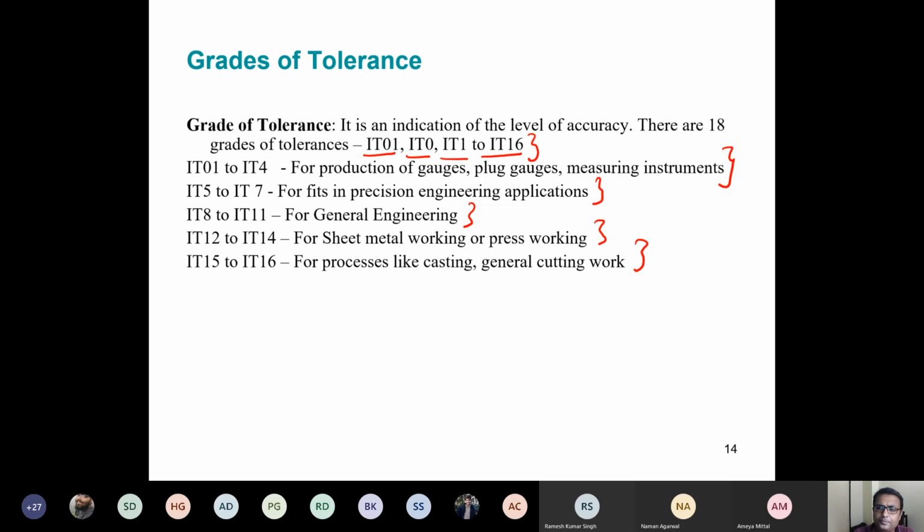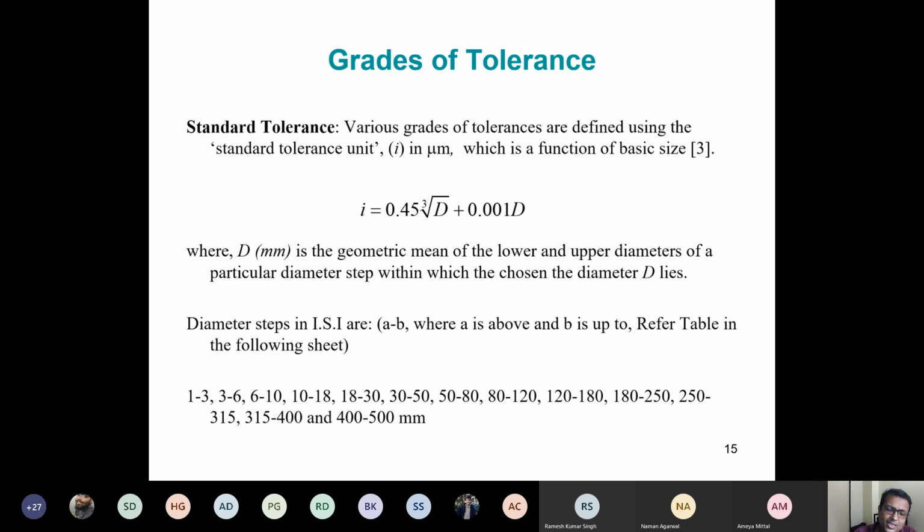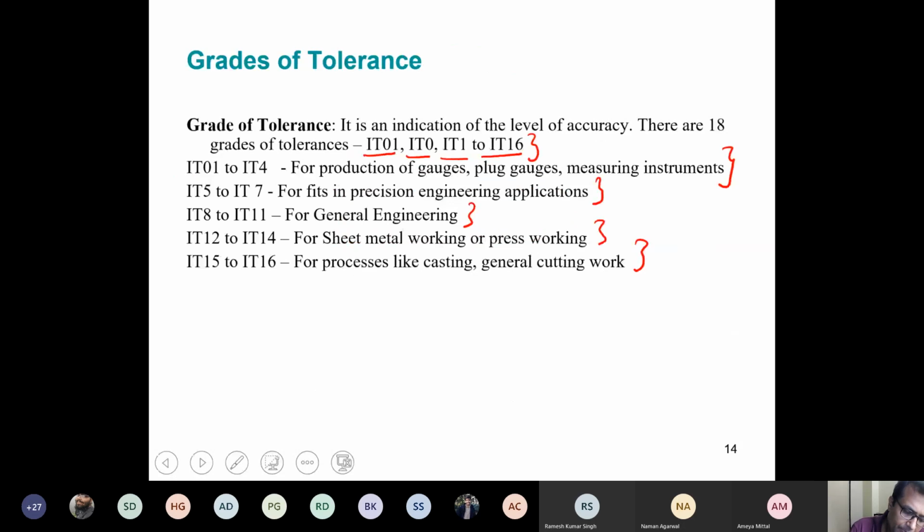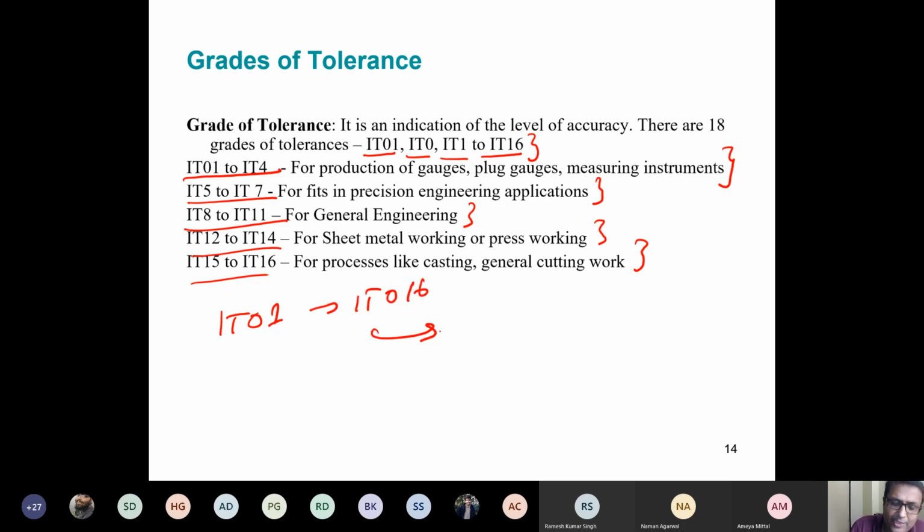Okay. Then there is something called the standard tolerance unit. These grades, 1 to 4, 5 to 7, 8 to 11, 12 to 14, IT01 to IT16, are defined by this tolerance unit. I'll just show you.